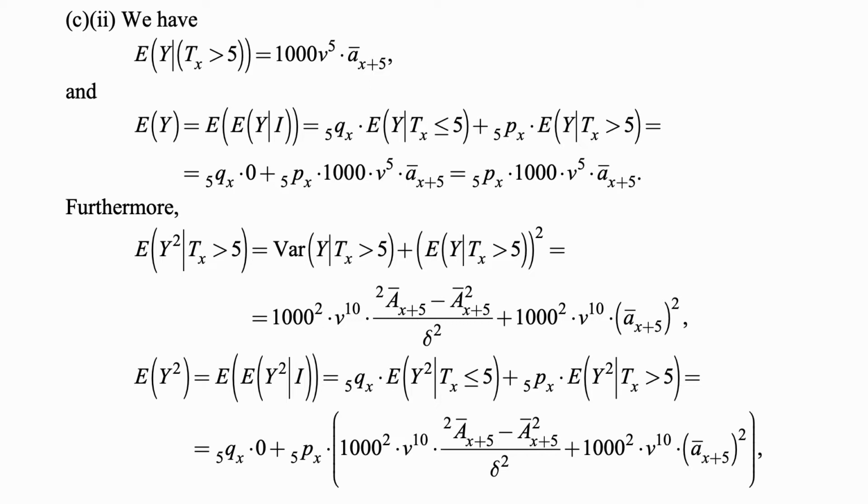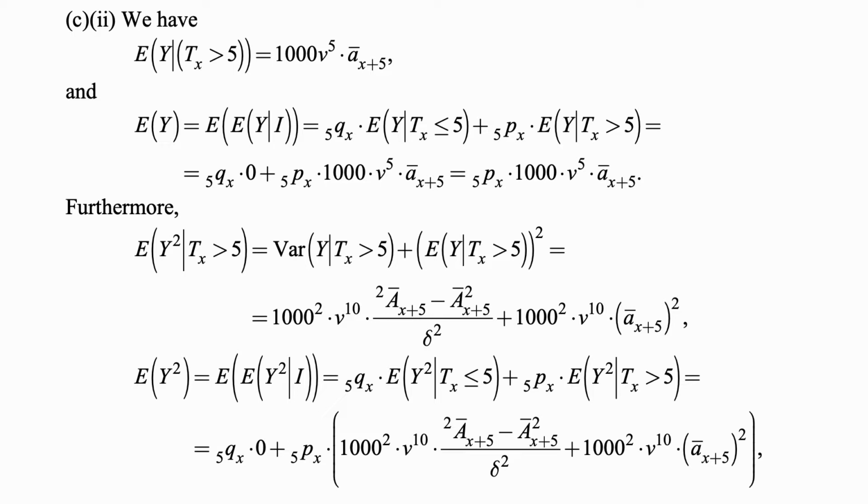And therefore, the expected value of Y squared is the expected value of Y squared given I. I'm sorry, I didn't say this correctly. The expected value of Y squared given I has two values, 0 or 1, so we have to take into account the two values.